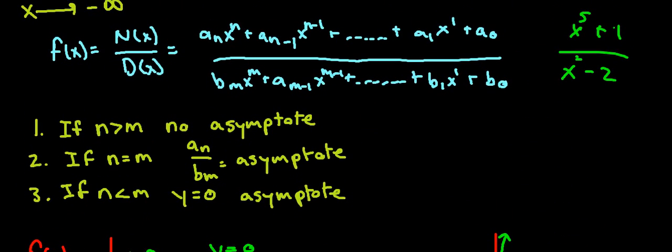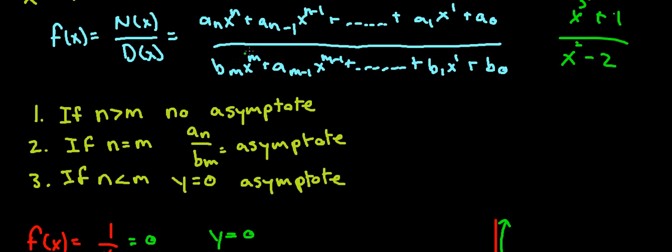And then our last situation is if the numerator is a smaller power than the denominator, in which case if these were reversed, so if we had an x minus 2 over x to the 5th plus 1, the denominator is going to overpower the numerator.